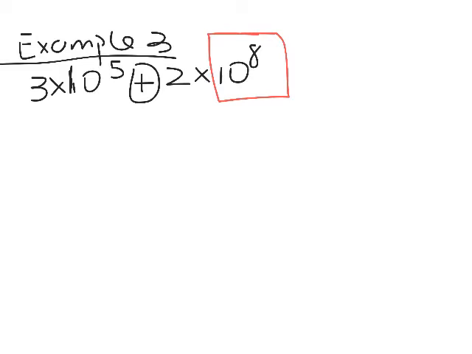So the right way to go here is, first, we need to get these powers to be the same. We need to manipulate them in such a way that they're the same. But there's one thing that we need to remember. If we increase the exponent, so we're taking the exponent to the right, that means our coefficient is going to go to the left.